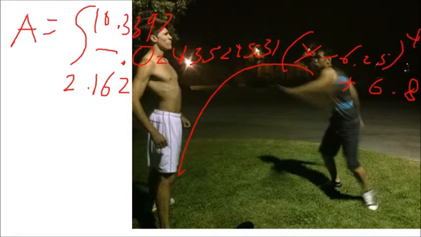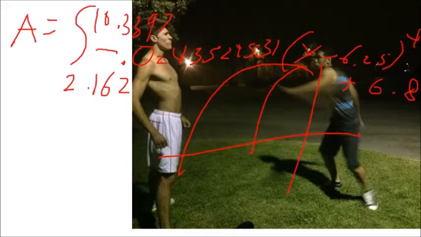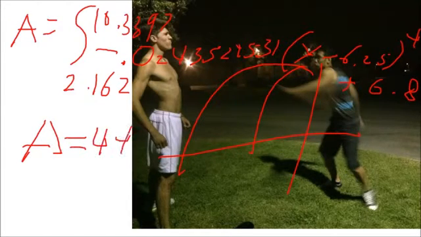This is the graph. And then you do the calculation. Then you get the area equals 44.47656915. That's the area.